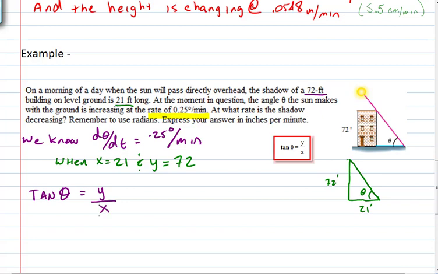Now, rather than have an x and a y in this problem, the 72-foot tall building isn't going to change, is it? We're going to use this as a constant right here. So tan theta is equal to 72 over x, right? Mm-hmm.